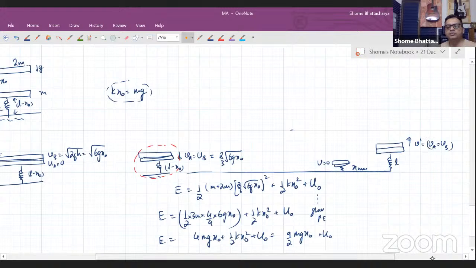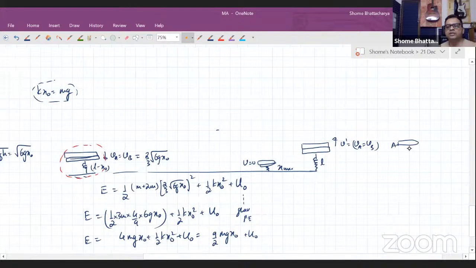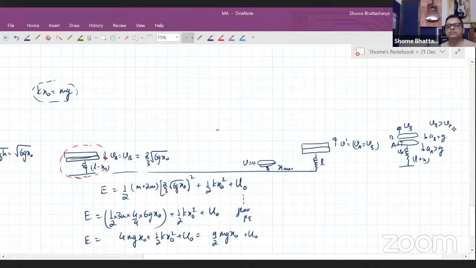And after this, what will happen? After this, A's motion will be retarded with greater than g because the spring will get extended, whereas B's motion will be retarded with g. So they will have different velocities. Now VB starts becoming greater than VA.